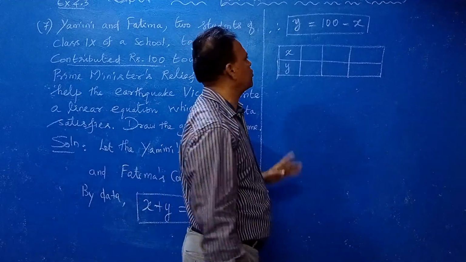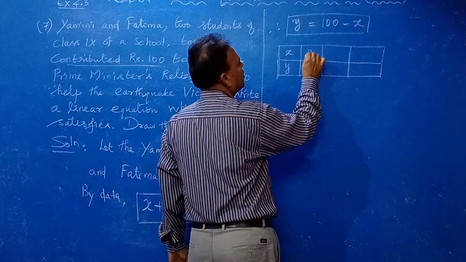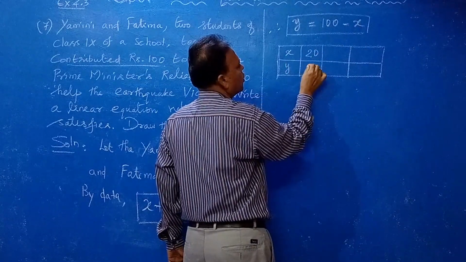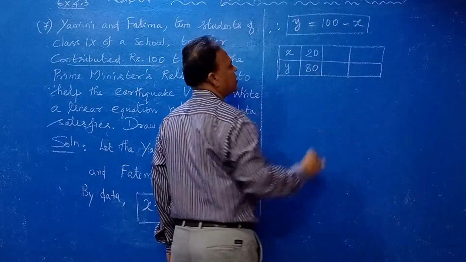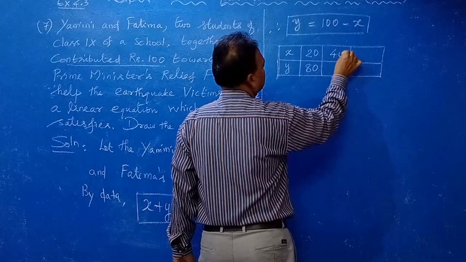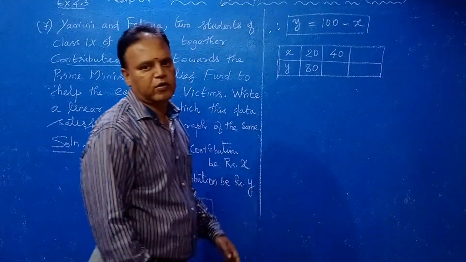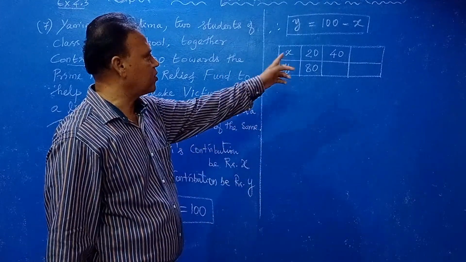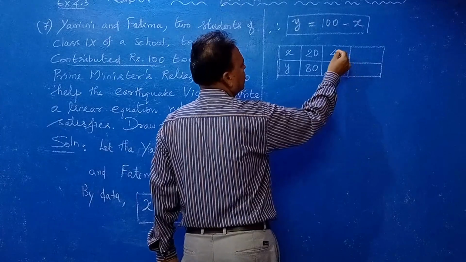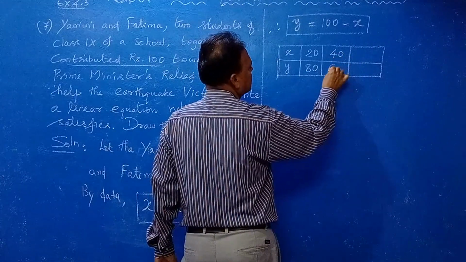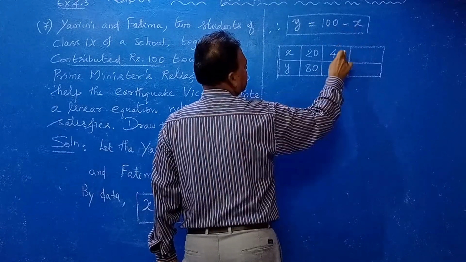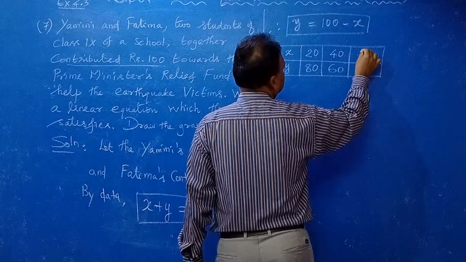First, if X is 20 rupees contributing, then Y will be 80. Then 40 rupees. You write in 20s, that is better for plotting. You write 20, 40, 60. 40 rupees contributing means here, 100 minus 40, 60.